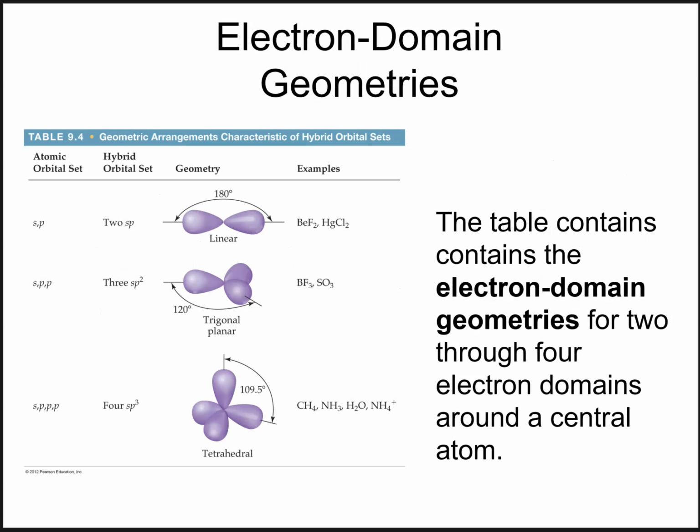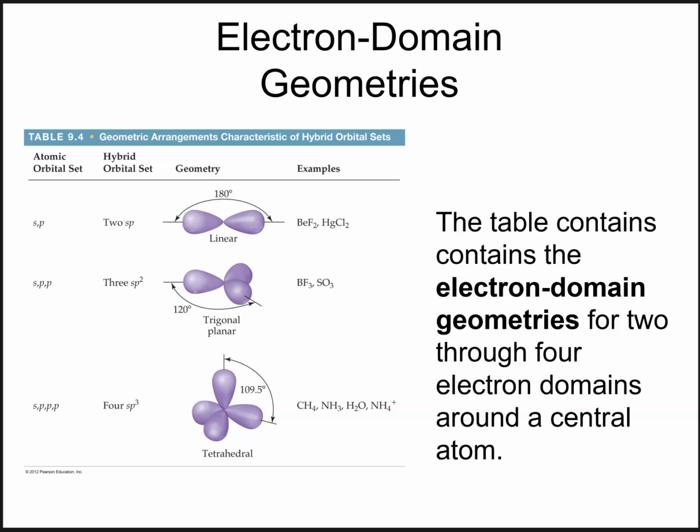Now, we use electron domains to determine electron domain geometries. And there are 3 electron domain geometries. That's not to say that there are only 3 geometries, there are just 3 electron domain geometries. And we're going to go over those here in a second. So the 3 types of geometries are based off of having 2 electron domains, 3 electron domains, or 4 electron domains.